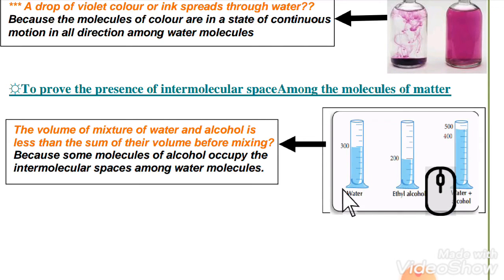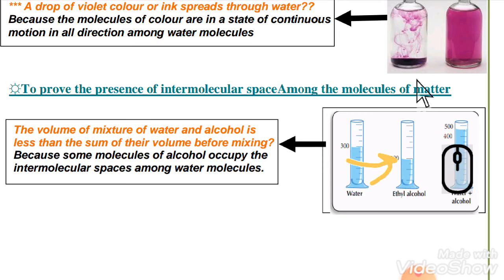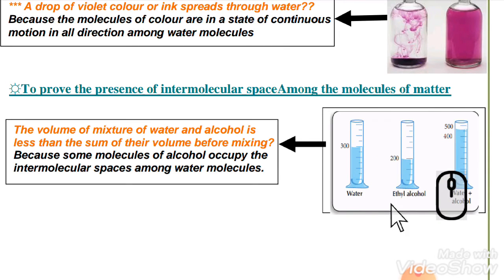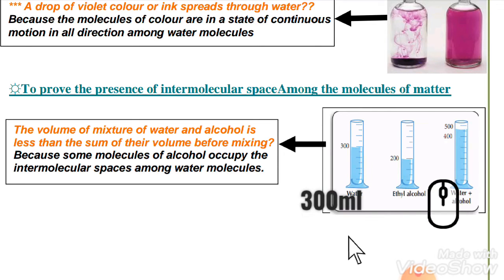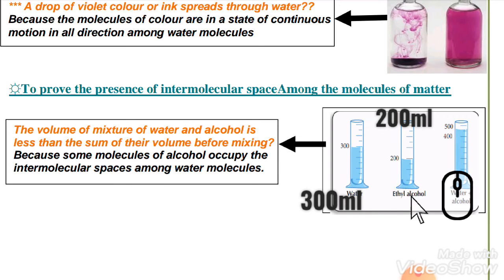Another example that shows that there are intermolecular spaces among the molecules of water. We will prepare a graduated cylinder and pour some water. This is the reading for the water, and this is the reading for another graduated cylinder that has ethyl alcohol inside it. We mix the water and ethyl together, and we note that we have 300 milliliters of water and 200 of ethyl. The sum of them should be 500.